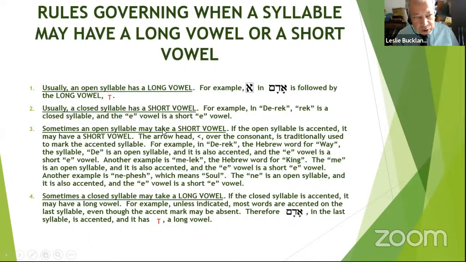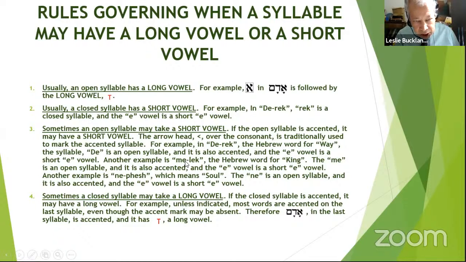But here is an exception. An open syllable will take a short vowel if it has an accent over that syllable. And so in Derek, you do have an accent over the open syllable de. Another example is the word melek.